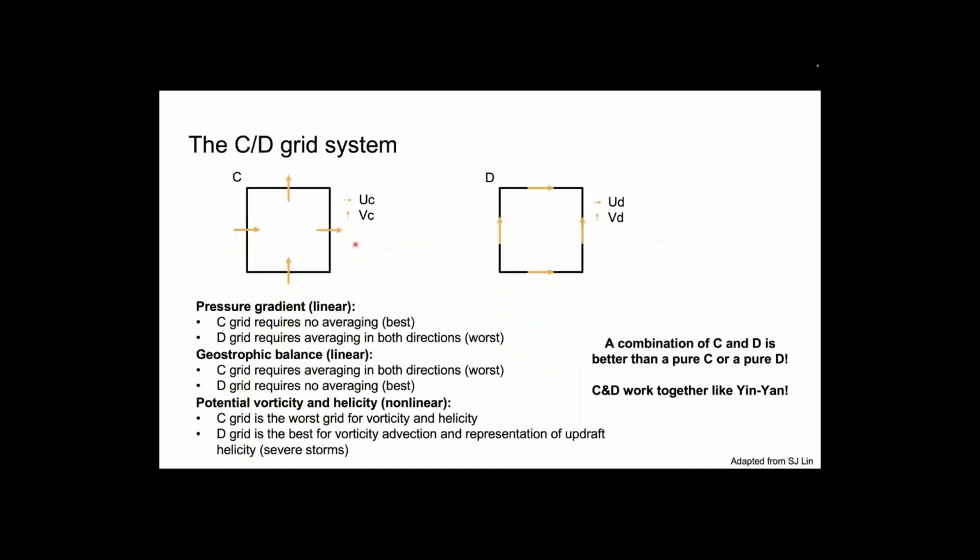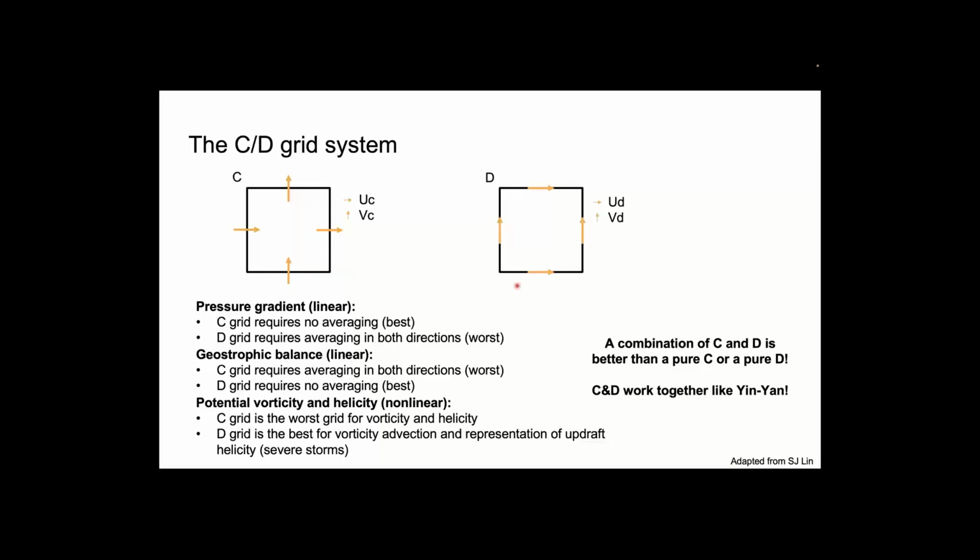The C grid winds are really nice for the finite volume discretization. If you take a look here, it naturally describes the fluxes. And the D grid winds are important when it comes to quantities like vorticity, because we can simply apply Green's theorem here and integrate over a closed surface and get the exact value of the vorticity.